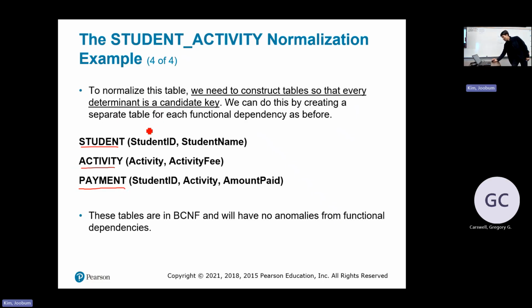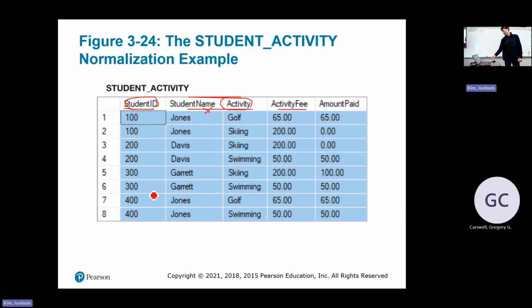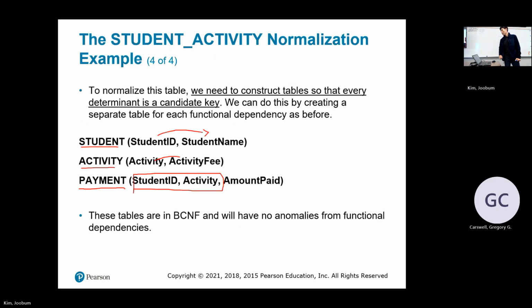So student ID determines student name, according to this functional dependency. And activity determines activity fee, second. And then student ID and activity determine amount paid. So we are able to split the original table into multiple tables, the 3 tables.